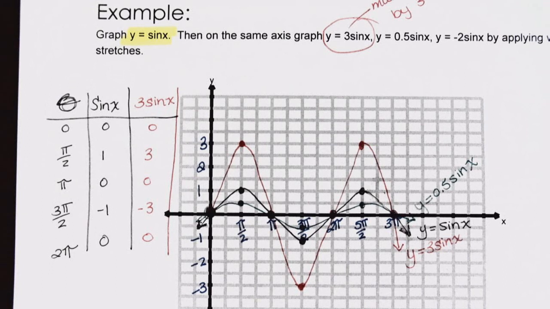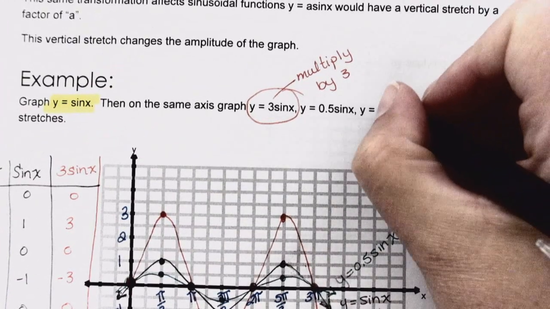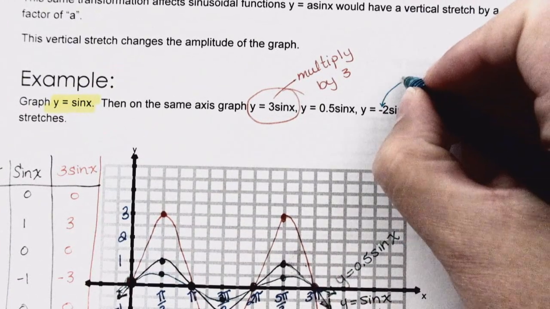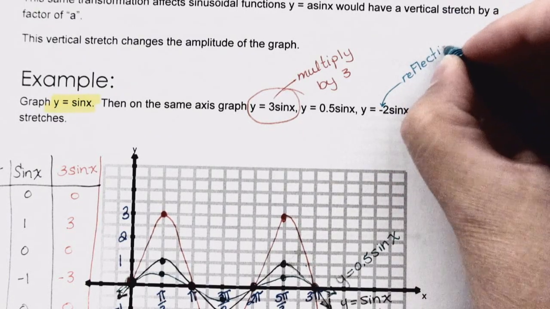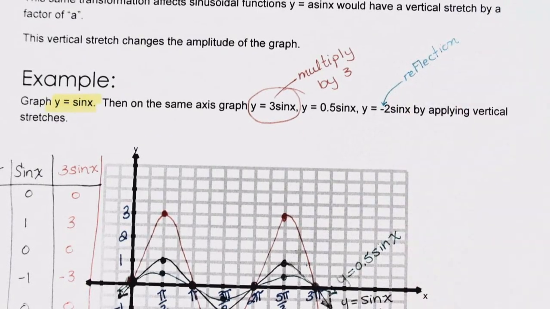How do we feel about -2 sine x? Do we need a table of values for that? What does the negative in front of the 2 tell us? I've got a reflection. What that really means is I'm just timesing by -1.